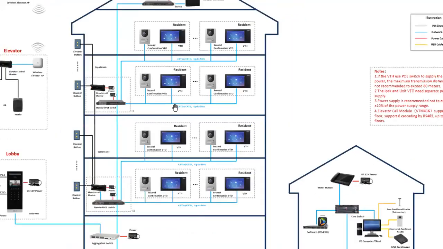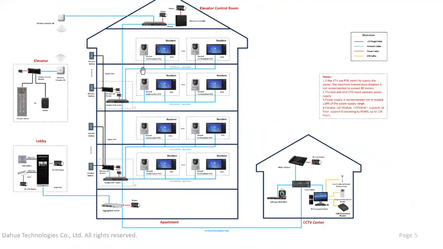The company manufactures them specifically for second confirmation, and their price is also cheap compared to a normal villa VTO. They might look the same, but the functionality and the pricing are different.